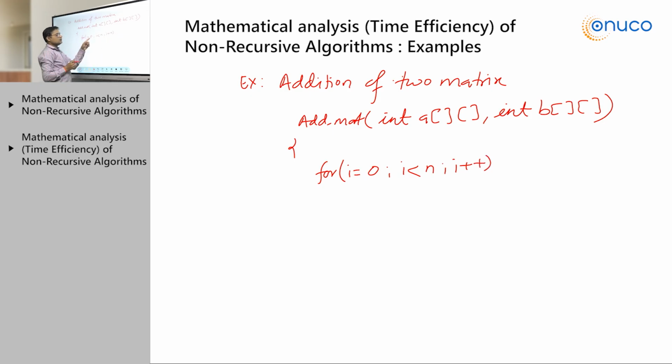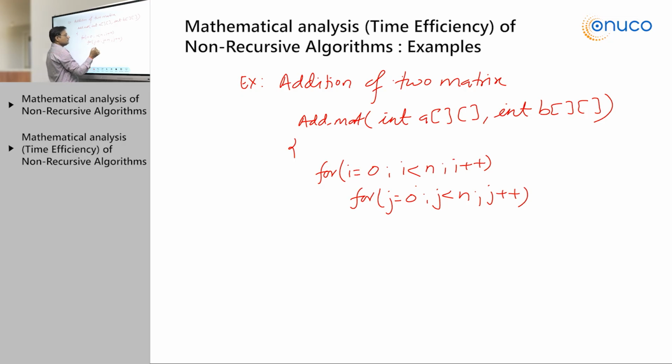When you start from 0, it is less than n; starting from 1, it is less than or equal to n. For j is equal to 0, j less than n, j plus plus.